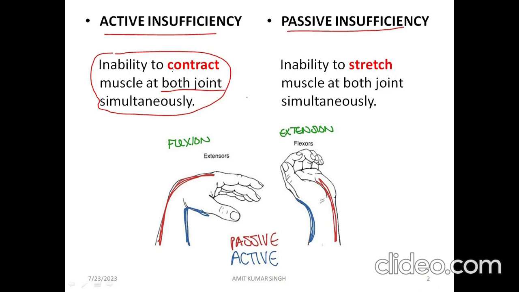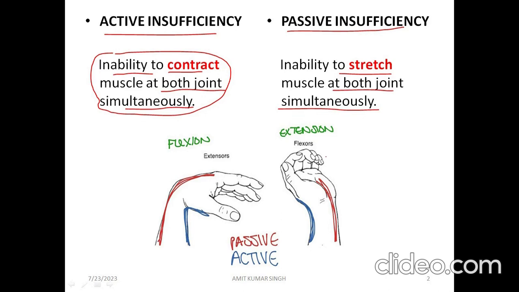Means at both the joints we cannot use the function of that same particular muscle; this is known as active insufficiency. And what is passive insufficiency? It is the inability to stretch the muscle at both the joints simultaneously.